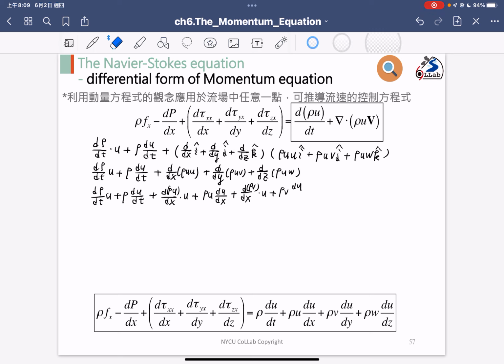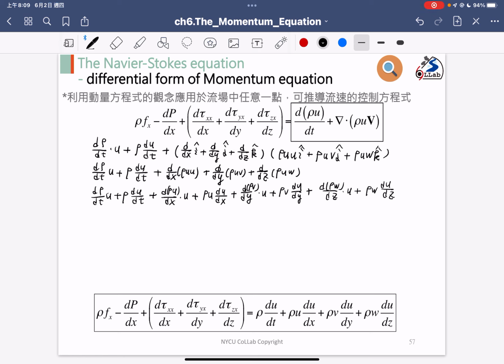Sorry, here is dy, so ρv and du/dy, and plus d/dz of ρw multiplied by u, plus ρw times du/dz.